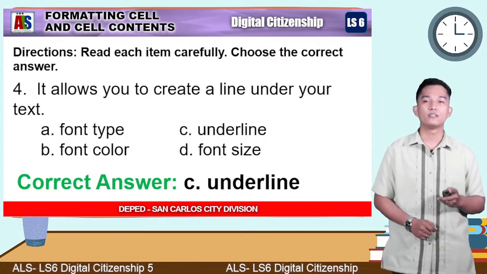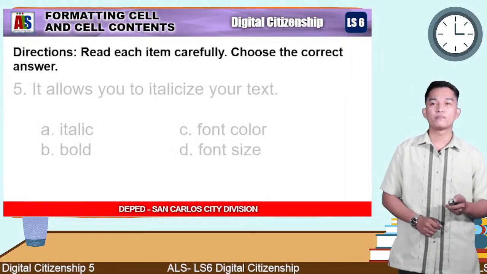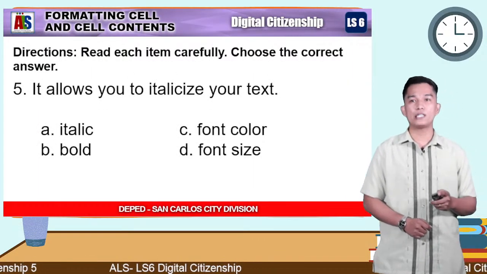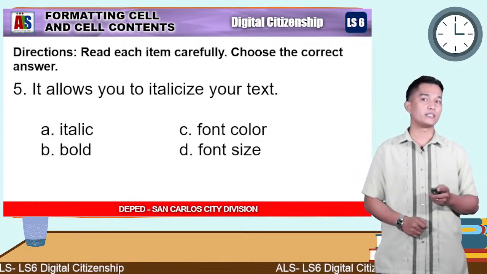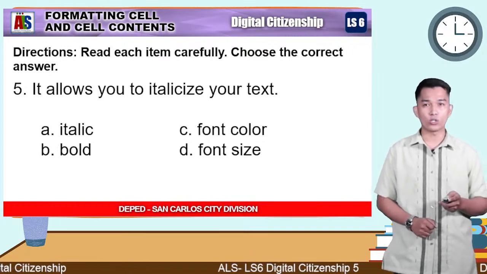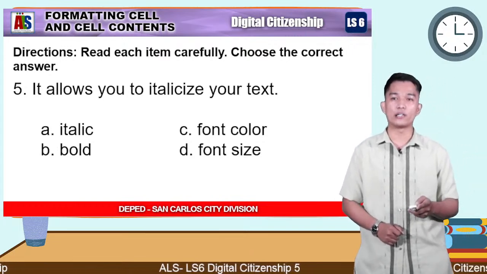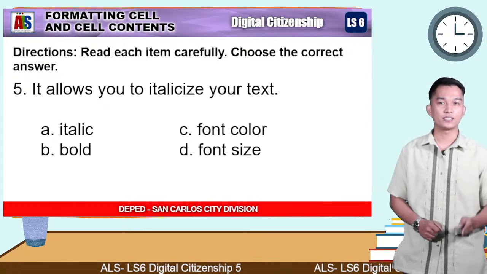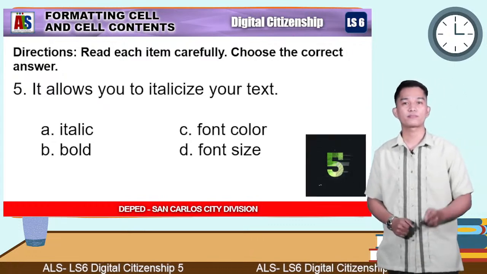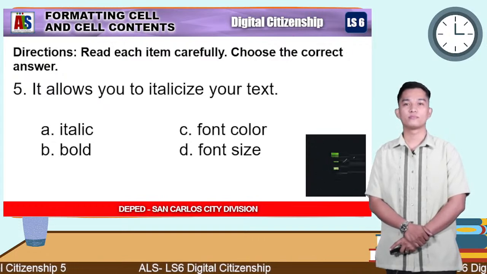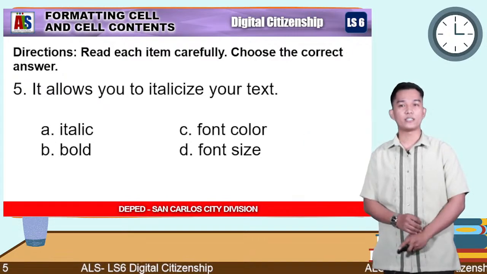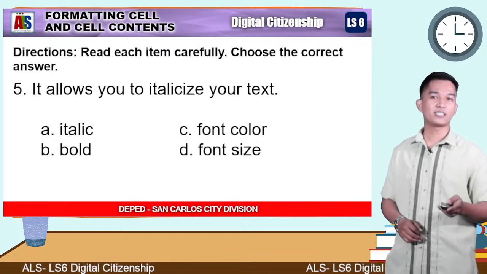Okay, last item, number 5. It allows you to italicize your text. Is it A, italic, B, bold, C, font color, or letter D, font size? 5 seconds. Can you guess what is the correct answer?